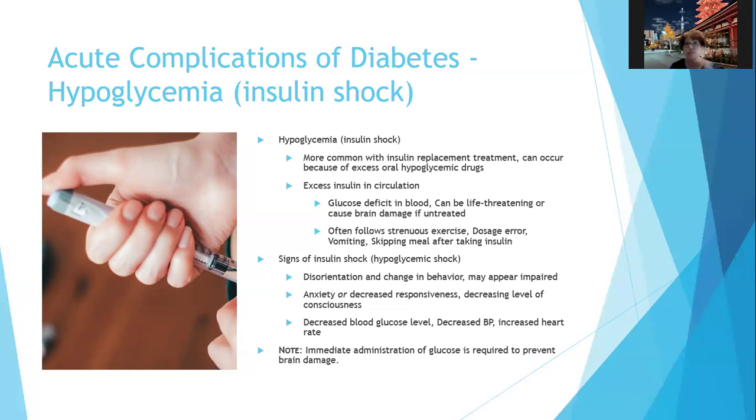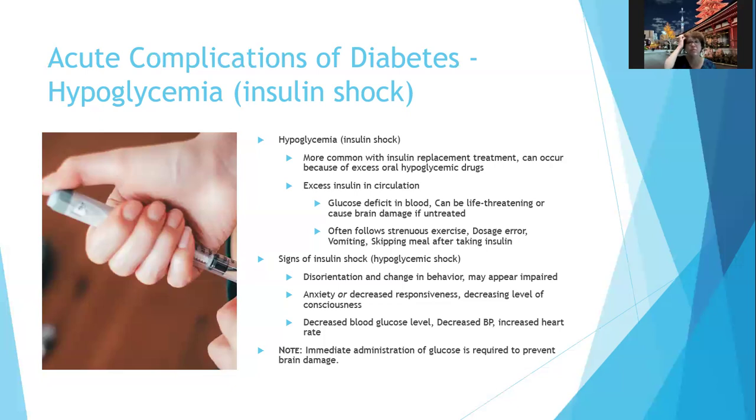It can occur because of excess oral hypoglycemic drugs, which is usually the early treatment for type 2 diabetes. So you have excess insulin in your circulation and a glucose deficit in the blood. Remember, the brain needs a constant supply of glucose. If you don't have enough glucose, it's really going to affect your brain to the point where it can be life-threatening or cause brain damage if untreated.